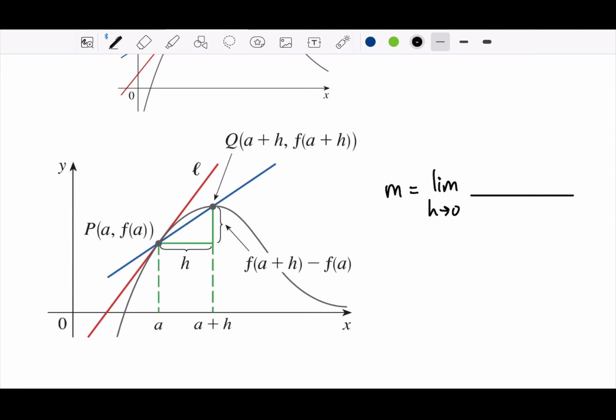Now the secant line is still the same. It's going to be delta y over delta x. The delta y, according to what we have, with a plus h, is f of a plus h minus f of a, over h. So we are going to write that also.